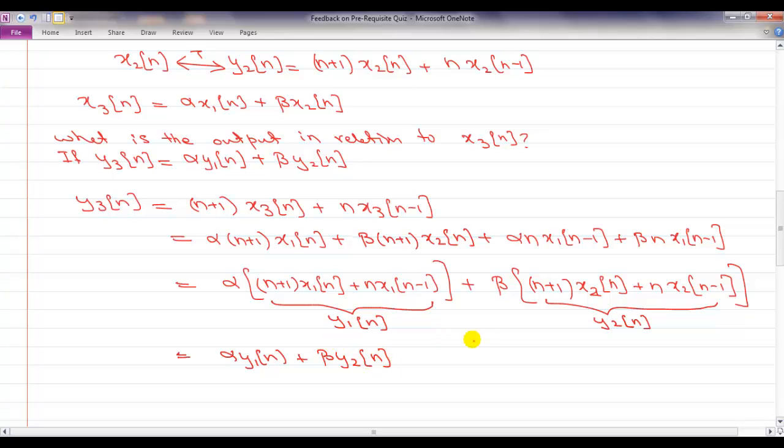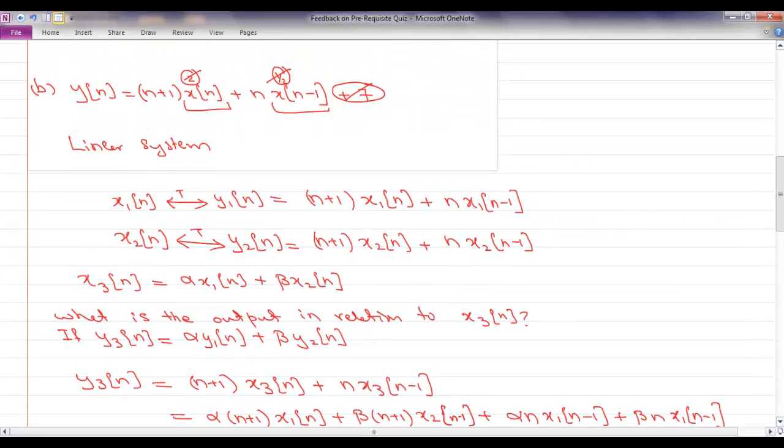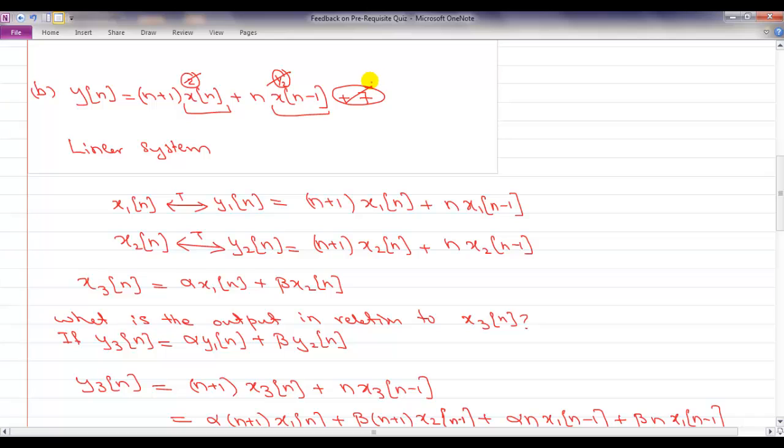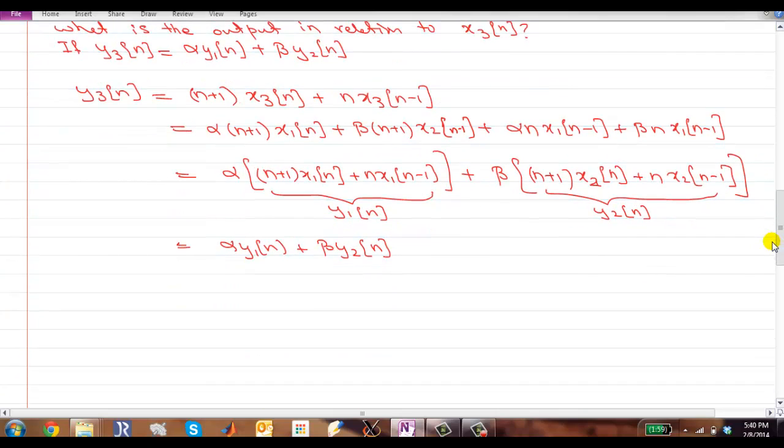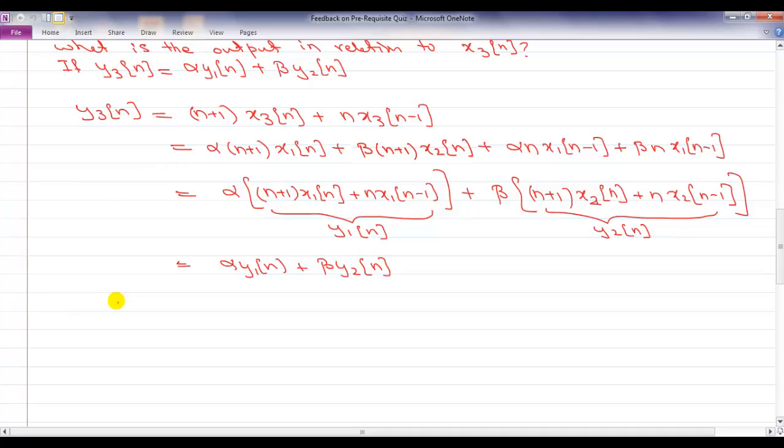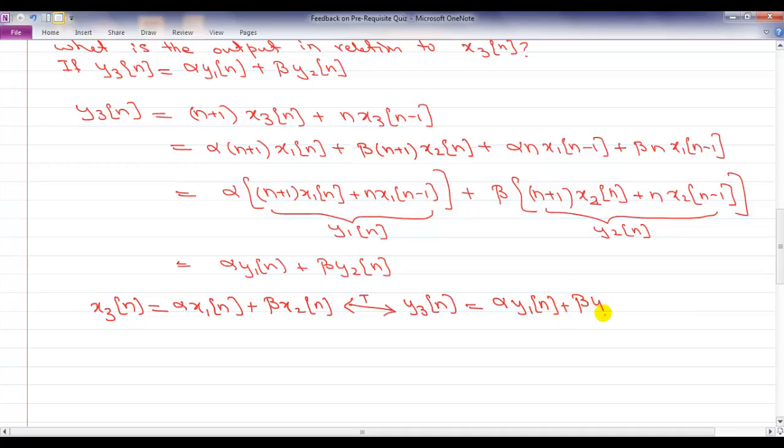So indeed, this system is linear. If you don't want to take this direct route of just checking that there is no additive term which is not a function of input, and the powers of inputs are only given by power of 1, you can formally compute this and show that the principle of superposition holds, which means that if you input x3[n], which is alpha x1[n] plus beta x2[n], then the output of this system is the linear superposition of the outputs, which is y3[n] equals alpha y1[n] plus beta y2[n].